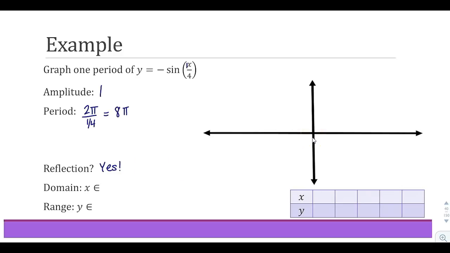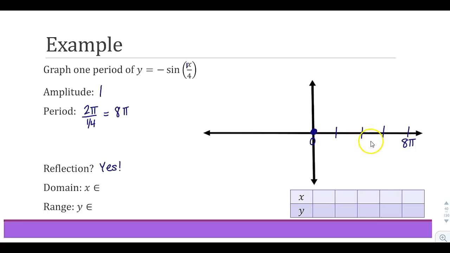So let's go ahead and mark a value at 0. In fact, I'm going to put a point at 0 because this is the sine function, which starts at the origin. And then over here, I will label the end of my period, so 1 full wavelength has to be completed between 0 and 8 pi. And then again, we want to split this into our 4 equal parts.